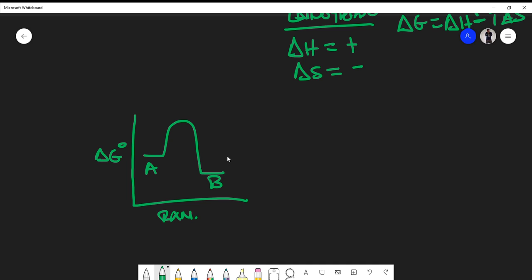By this graph you should be able to tell that we're looking at an exothermic reaction. Now if I theoretically ask you, if the free energy of B was lowered, so we're talking about the products, if we actually lower the free energy, in other words decrease delta G, what would happen as a result?